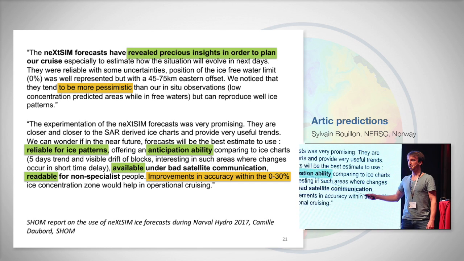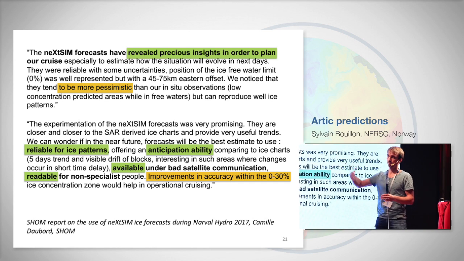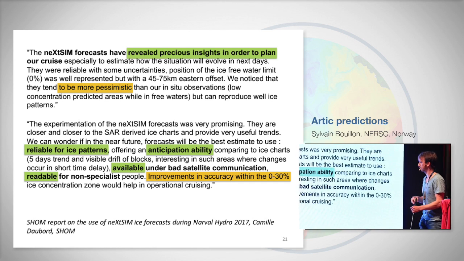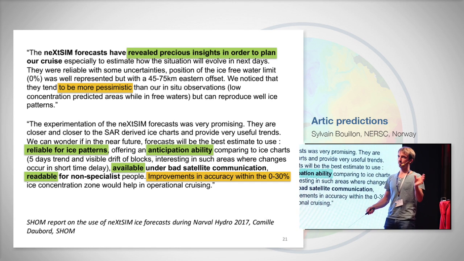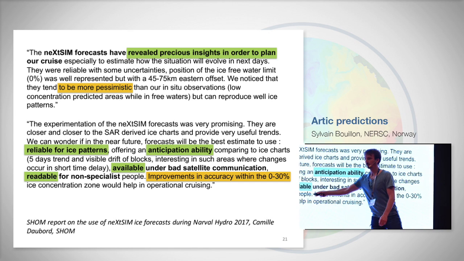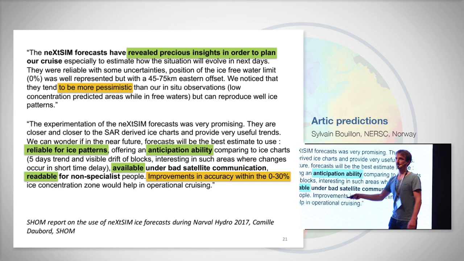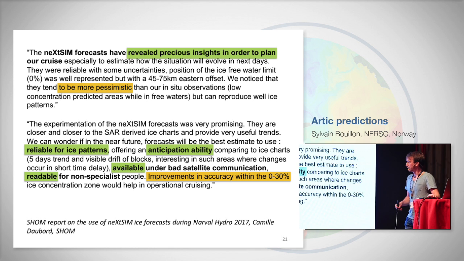There is anticipation possible with those forecasts, because you have information for the future. It's available even with a low bandwidth satellite communication, and it's easily readable for non-specialists. It's not like SAR images that are quite difficult to analyze.